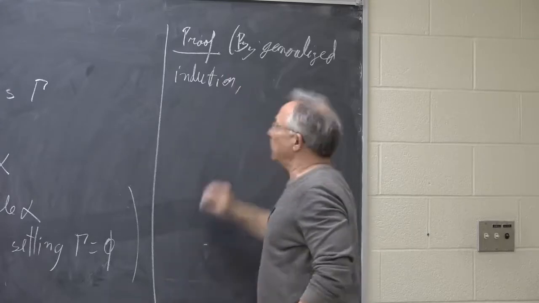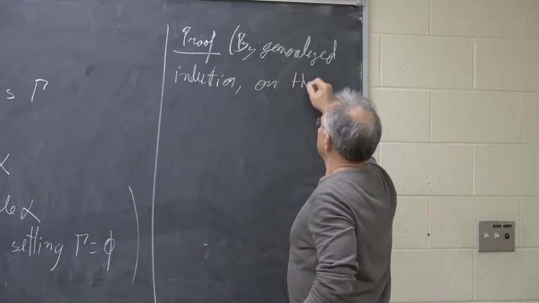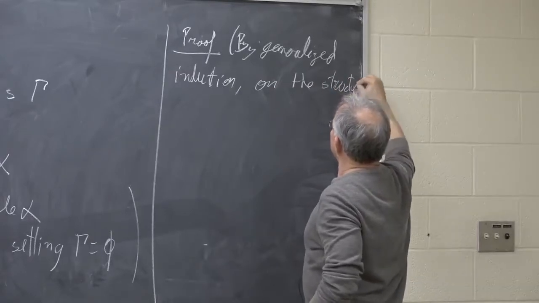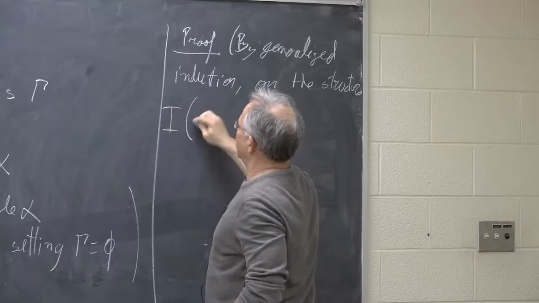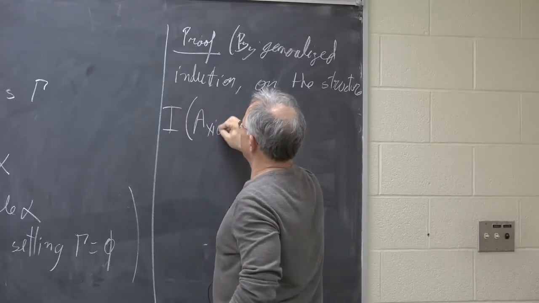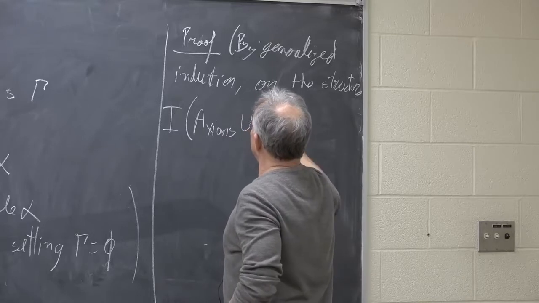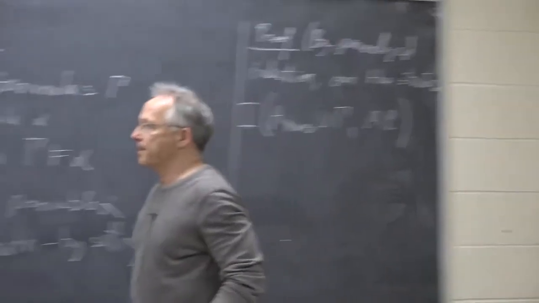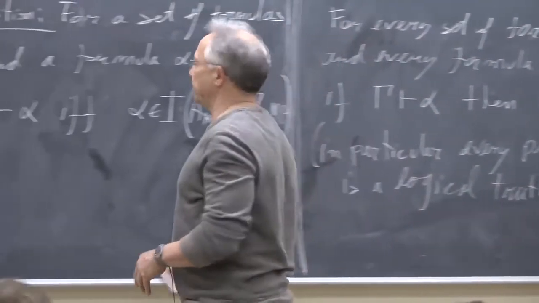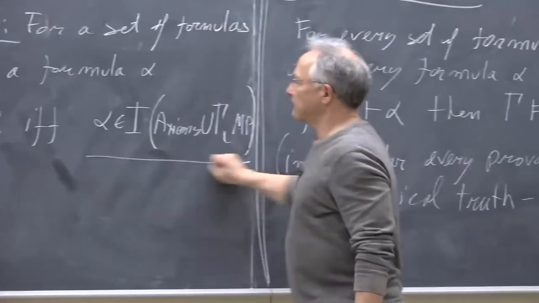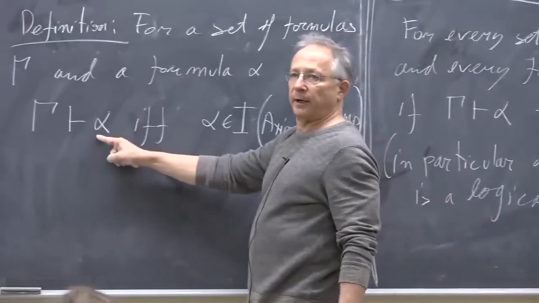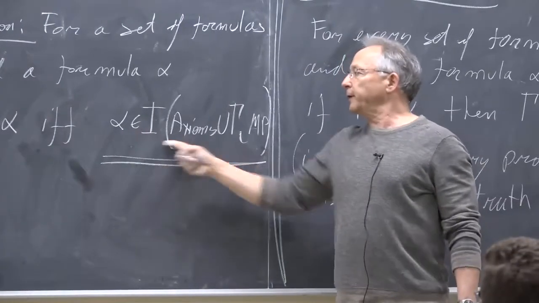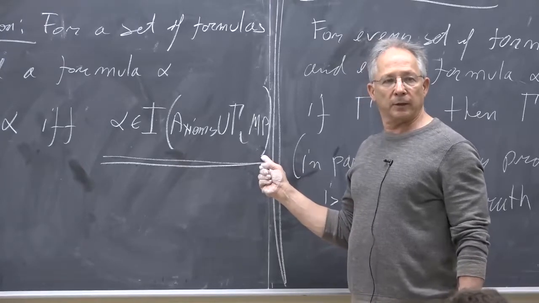And we can even say more on the structure, I of axioms union gamma and modus ponens. If I say something holds for every alpha such that gamma proves alpha, it's the same as saying for every alpha in this structure, so I'm going to use induction on this structure.